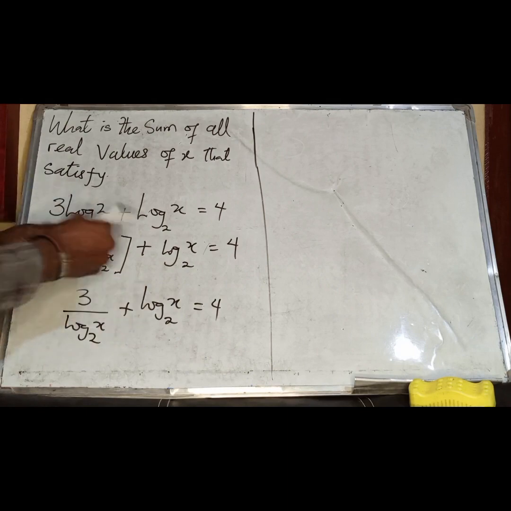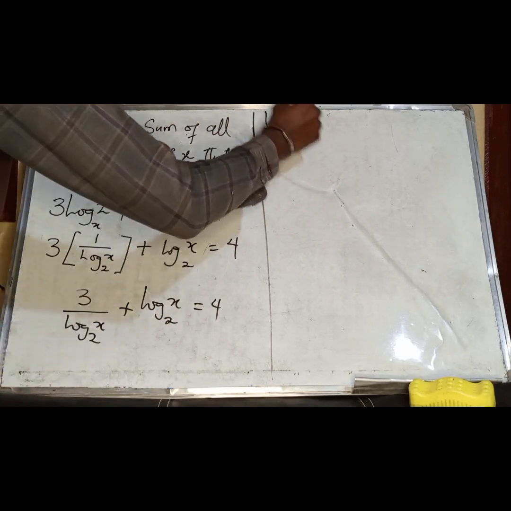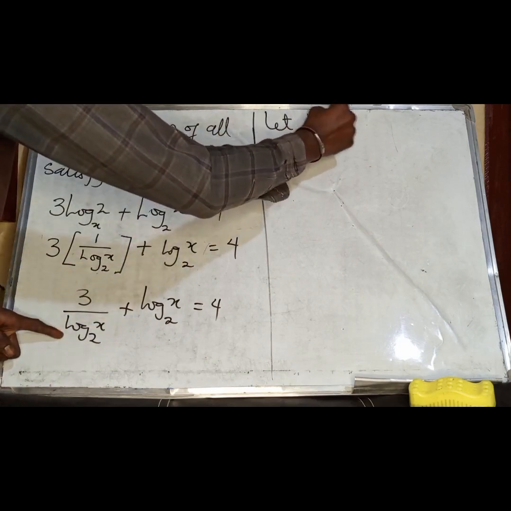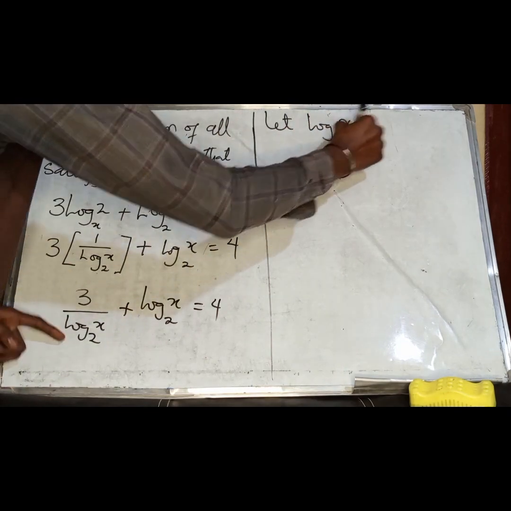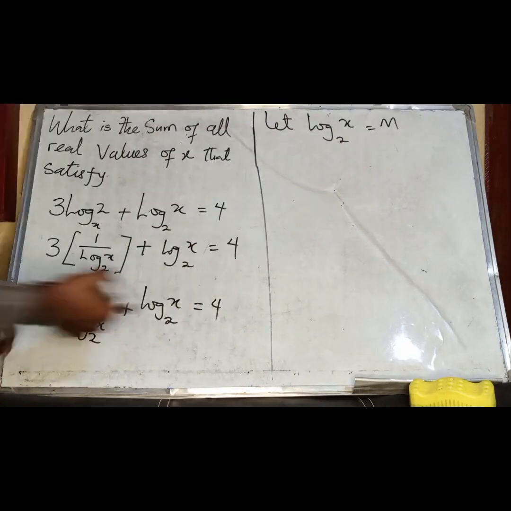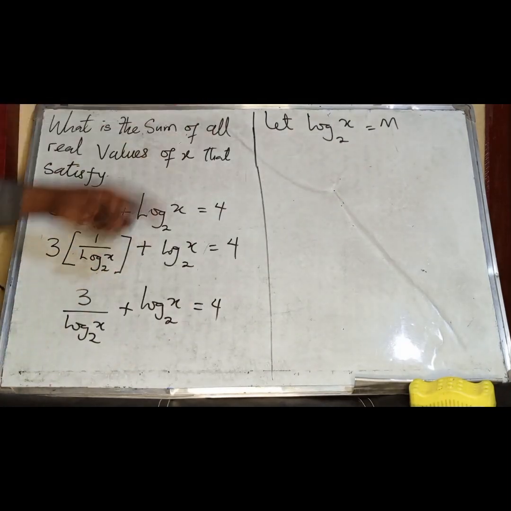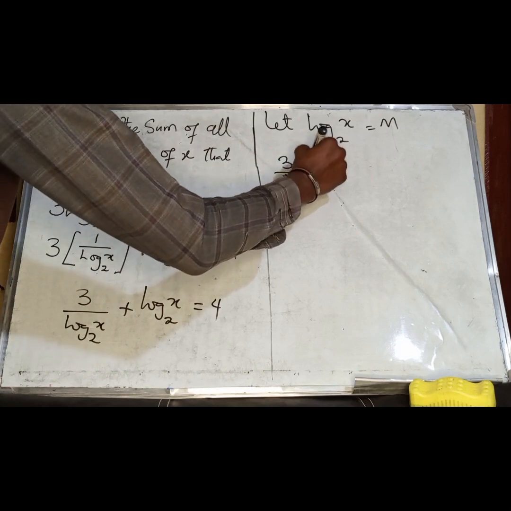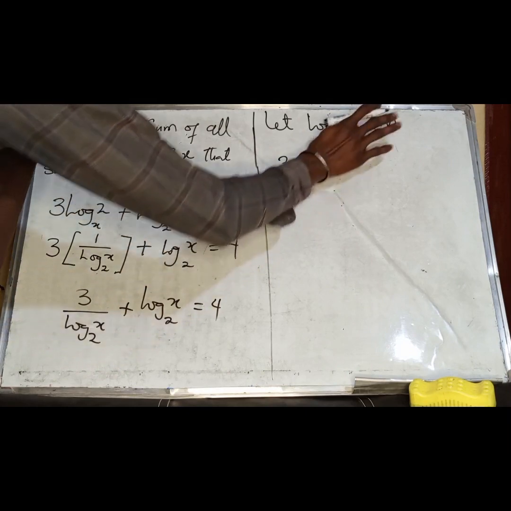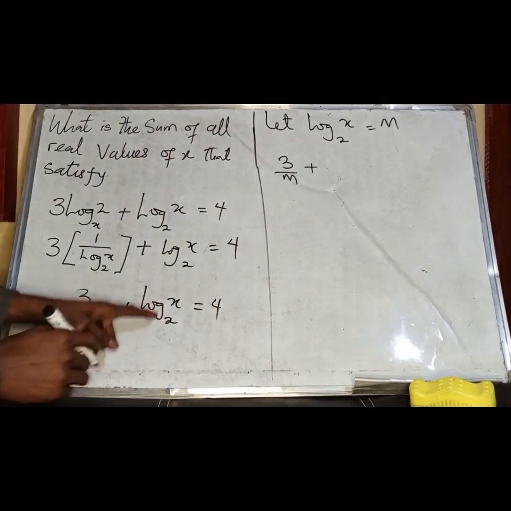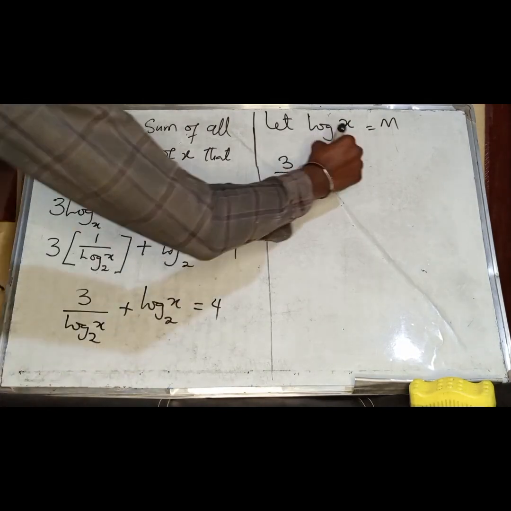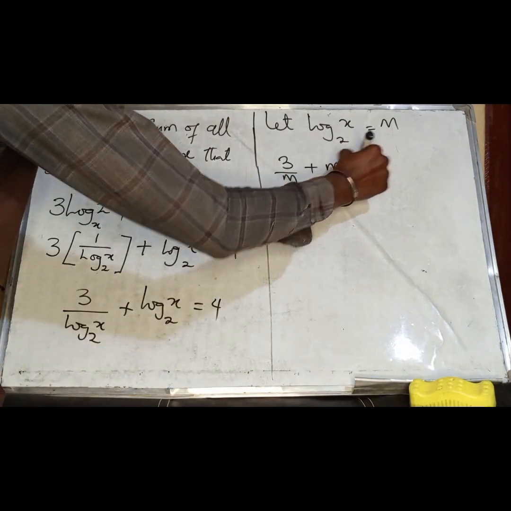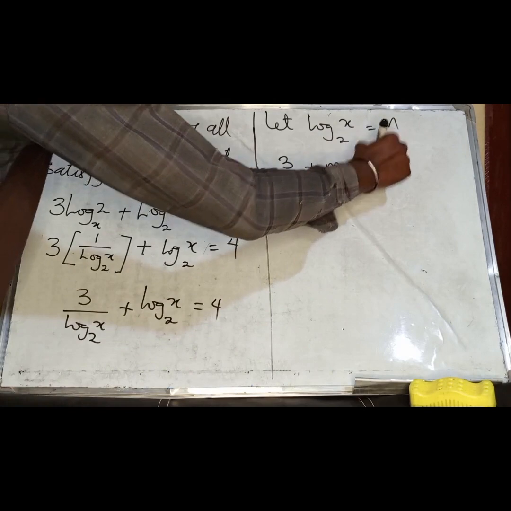I will make an assumption by saying let log x to the base of 2 be equal to m. In other words, anywhere I see log x to the base of 2, I'm using m. So this becomes 3 over m plus, here I have log x base 2, so I use m as well, equals 4.